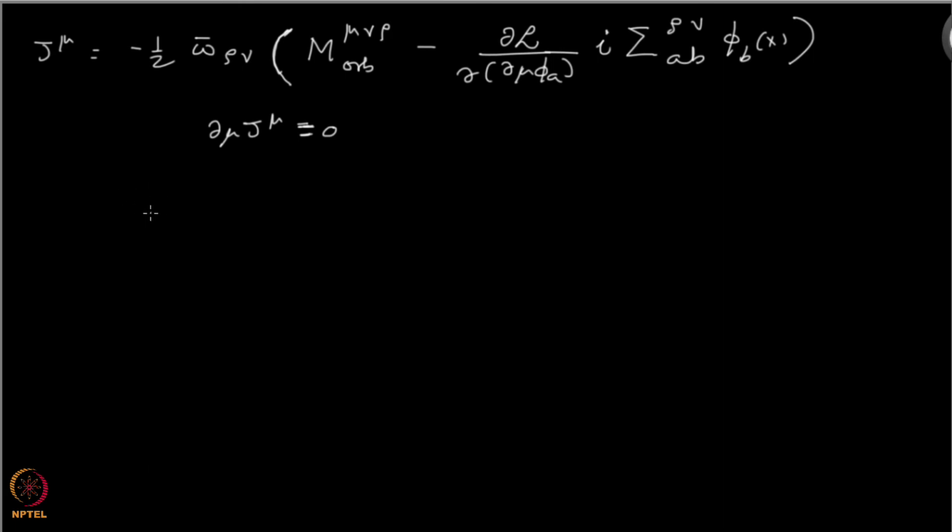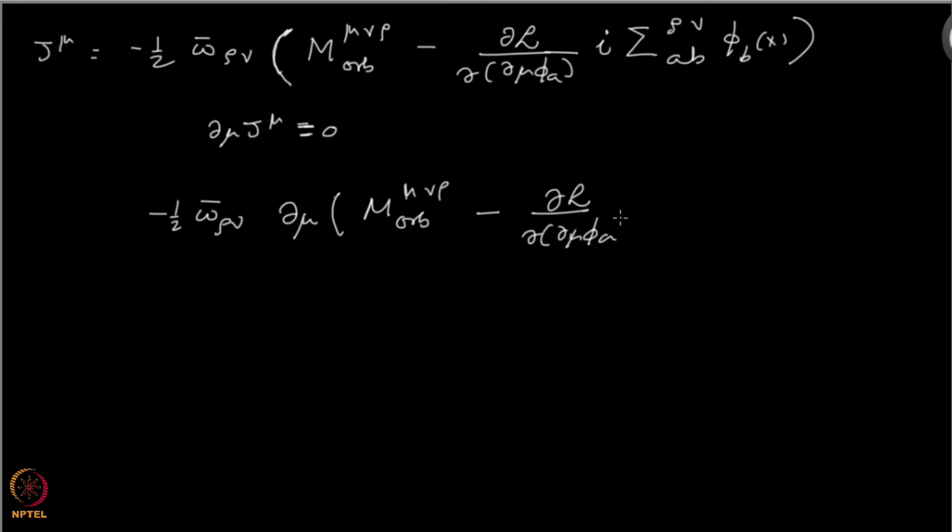So I get minus half omega bar rho nu del mu of this object, this should be 0.